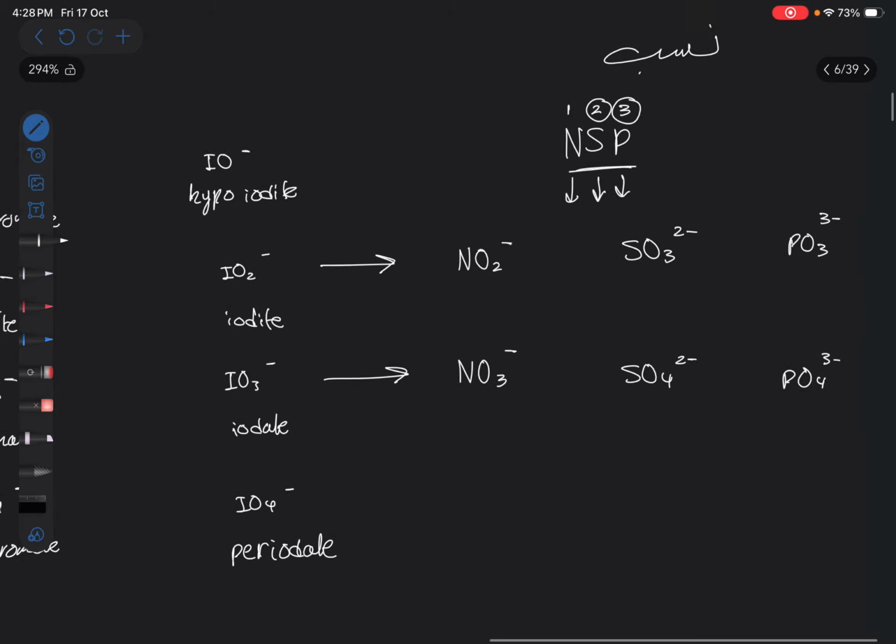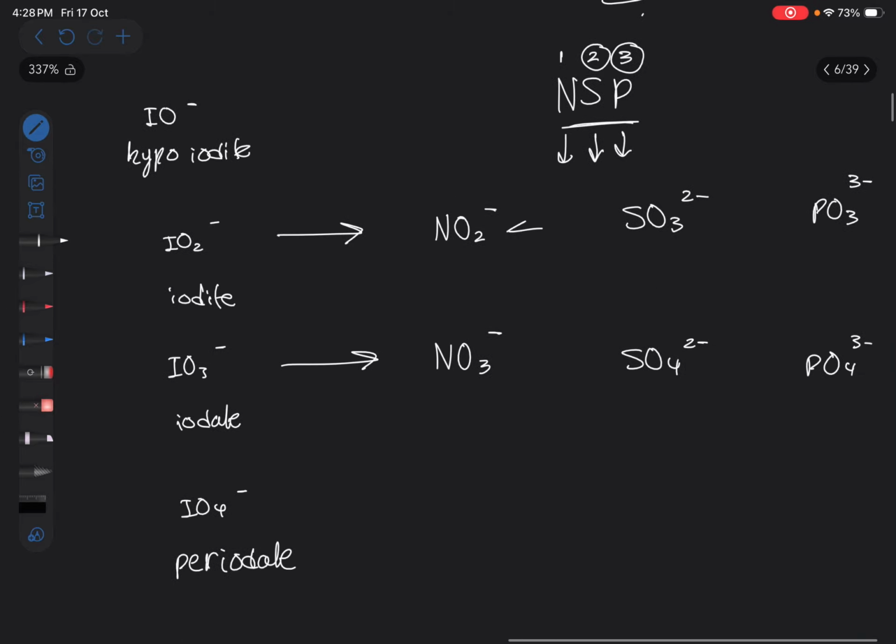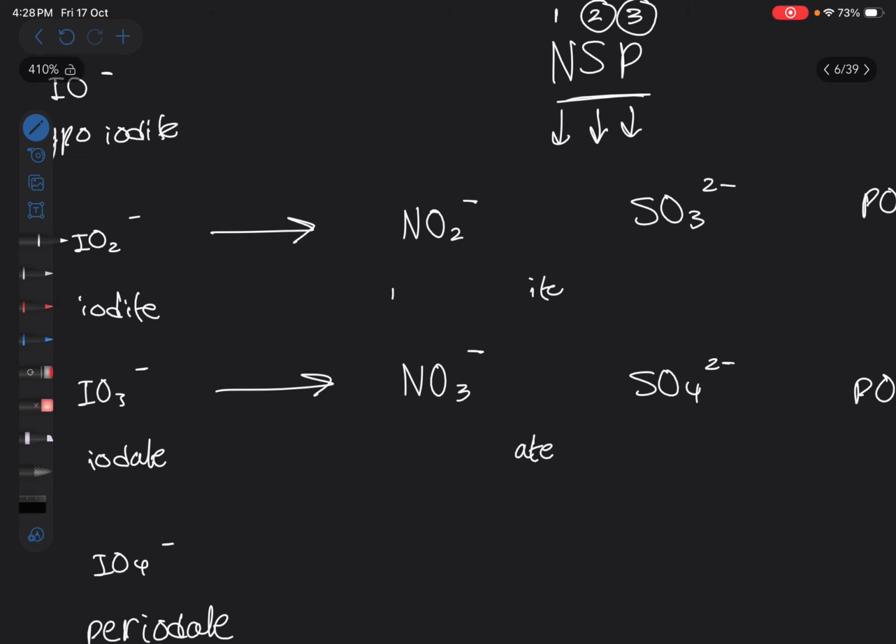Now, onto the naming of each. Same thing. The smaller version of the polyatomic will get ite, and the larger one will get ate. So this is nitrogen, so nitrite. The larger one, nitrate. Sulfur, sulfite, sulfate.